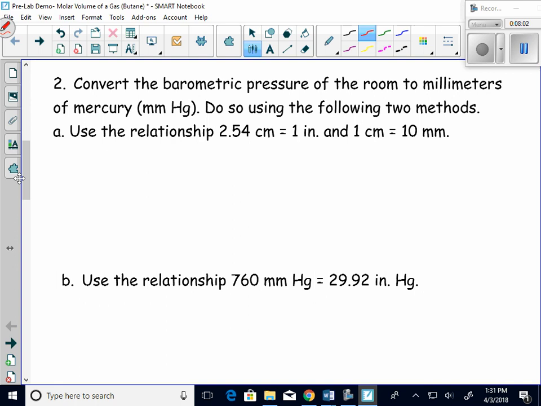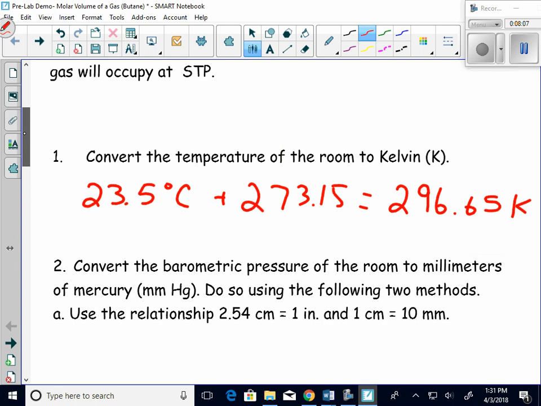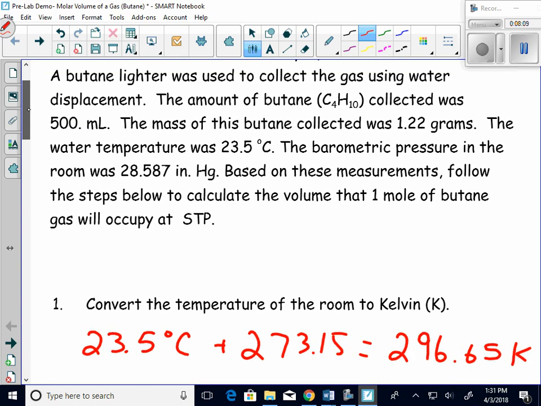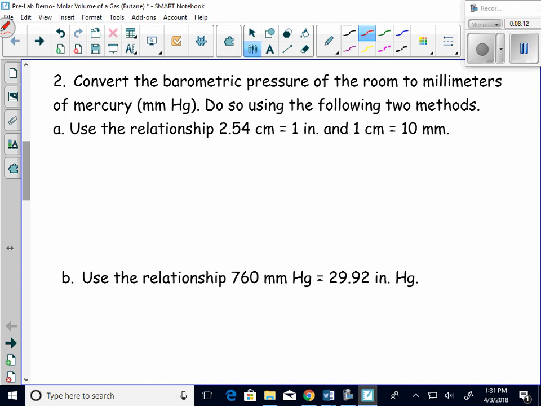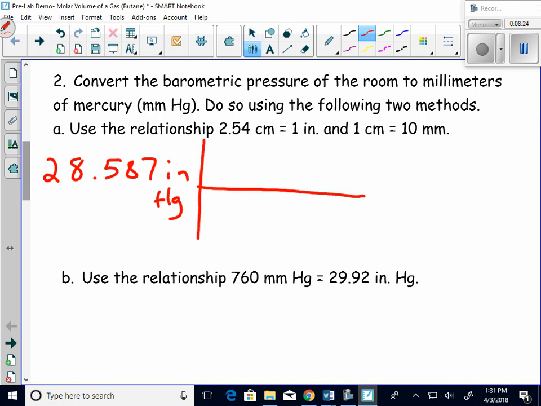But as I'm doing this, I say, okay, what is my pressure in inches? 28.587 inches of mercury, right? Well, as I do my conversion box, I want my inches to cancel, so I know that 1 inch of mercury is 2.54 centimeters of mercury.